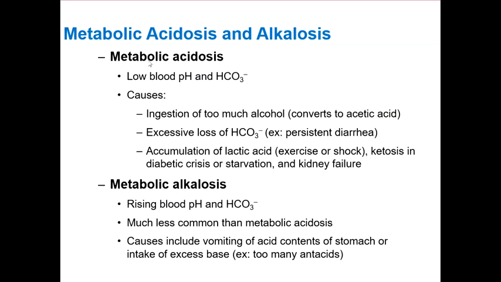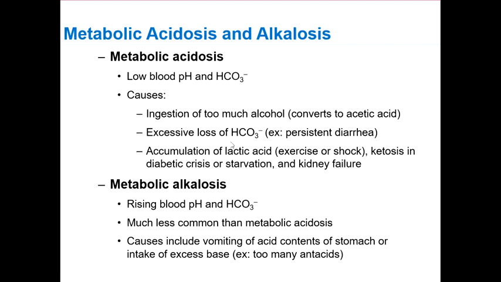So with metabolic acidosis and alkalosis, we're not concerned with carbon dioxide, but with the bicarbonate ion instead. Metabolic acidosis: acid would mean low pH, so low blood pH and low bicarbonate ion. How would that happen? Well, ingesting too much alcohol, because alcohol gets converted to acetic acid.